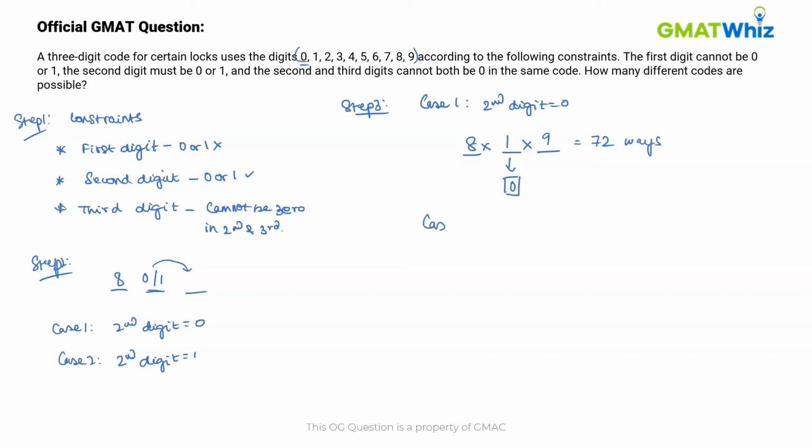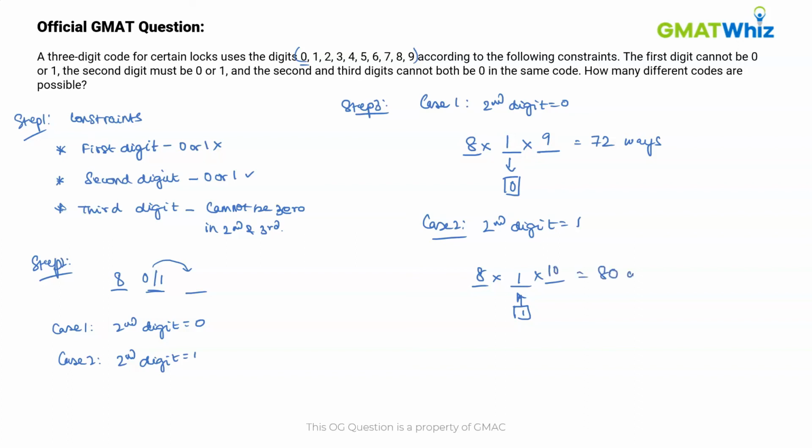Now let's move on to case 2, where the second digit is equal to 1. Then in the 3 places, the first place can be filled in 8 ways. Since the second digit needs to be 1, it can be filled in one way. And the last digit can be filled in 10 ways, since we can include the zeros now.